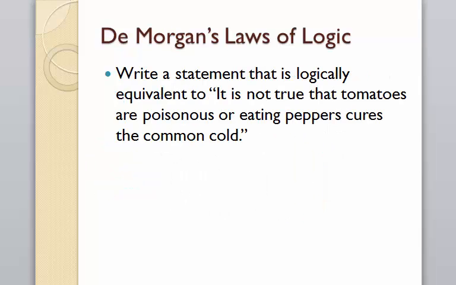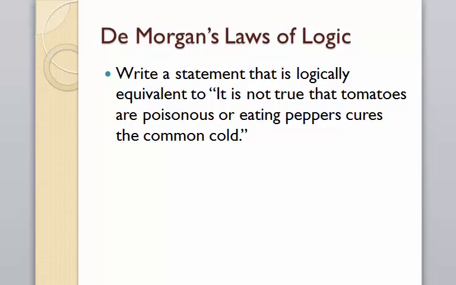Our next example uses De Morgan's laws of logic. It says to write a statement that is logically equivalent to, it is not true that tomatoes are poisonous or eating peppers cures the common cold.